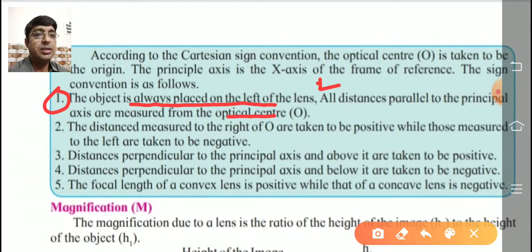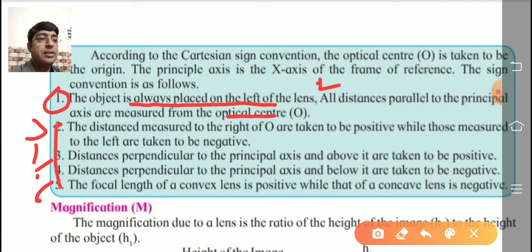Now change the number. All numbers you change, 3rd, 4th, 5th and 6th. The distances measured to the right of O are taken to be positive, while those measured to the left are taken to be negative.